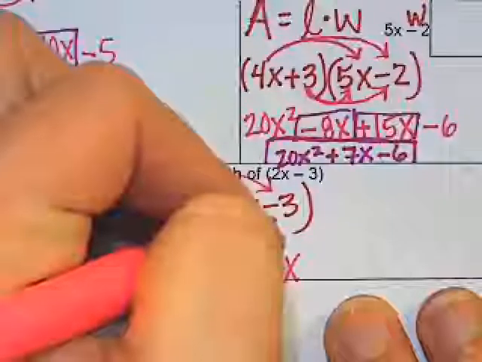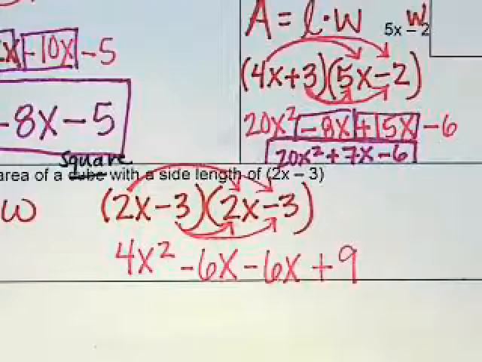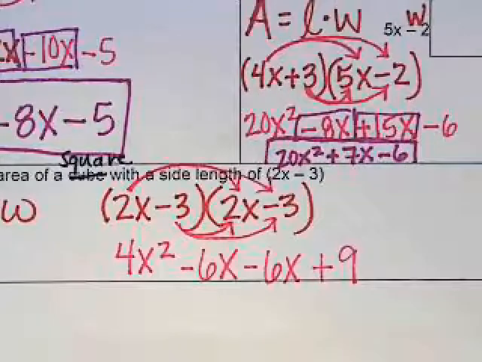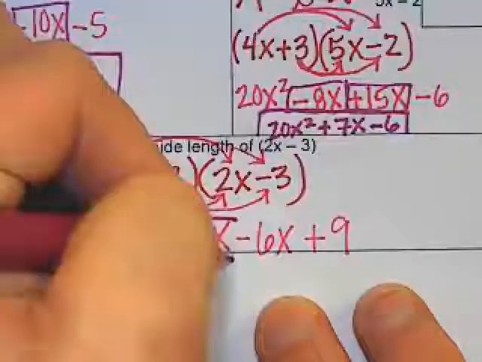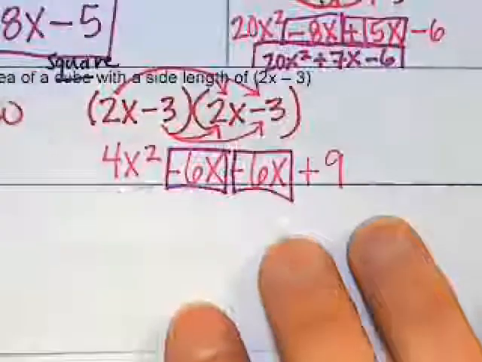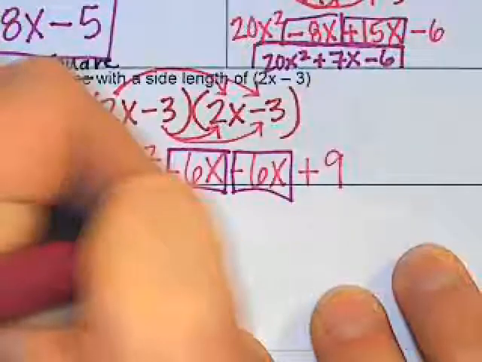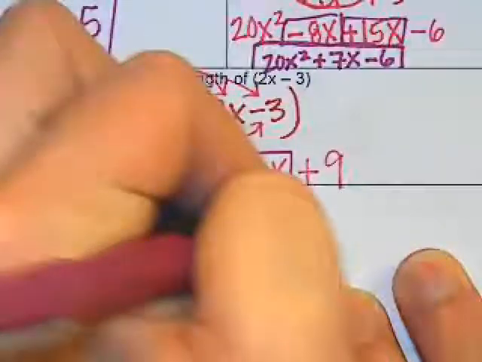Negative 3 times negative 3, positive 9. Combine your like terms, negative 6x and negative 6x. So I'm left with 4x squared. Negative 6 and negative 6 gives me negative 12x plus 9.